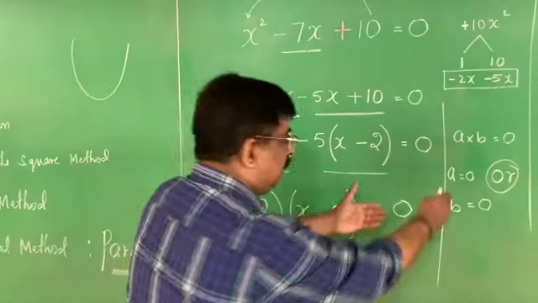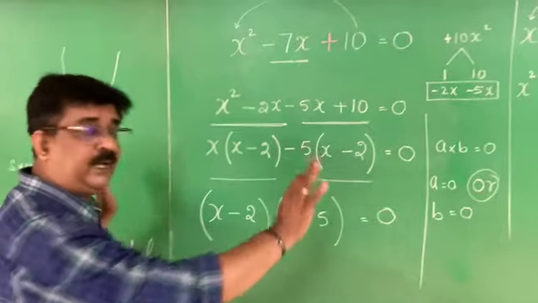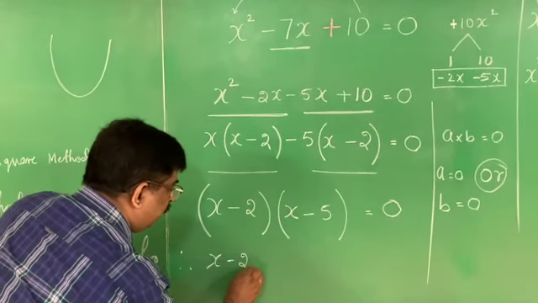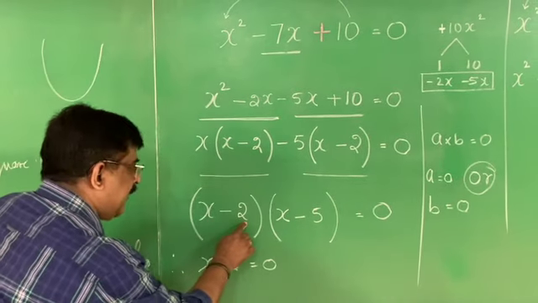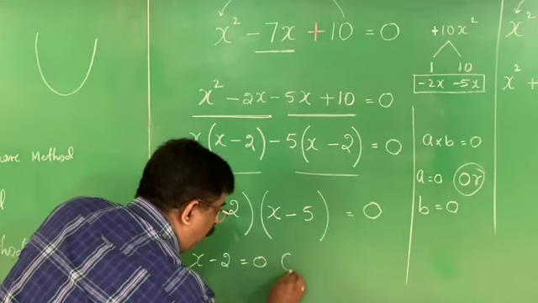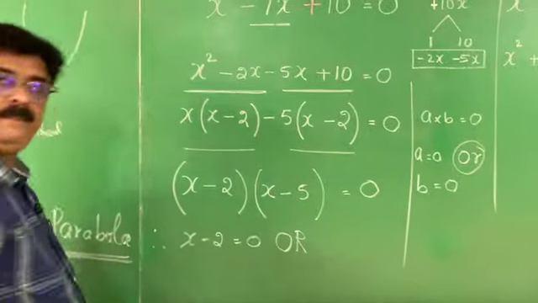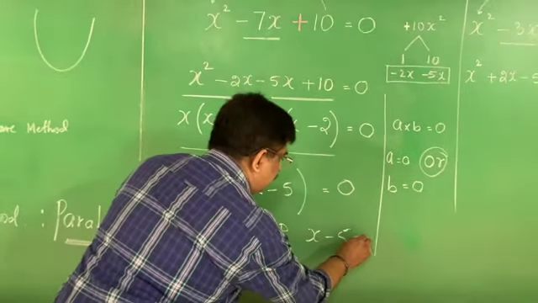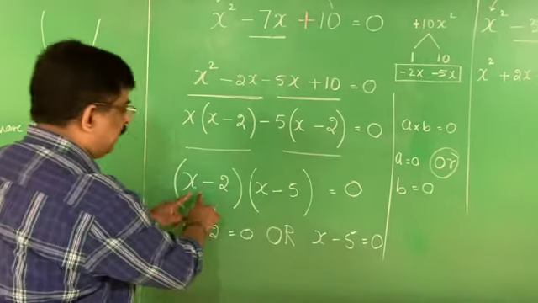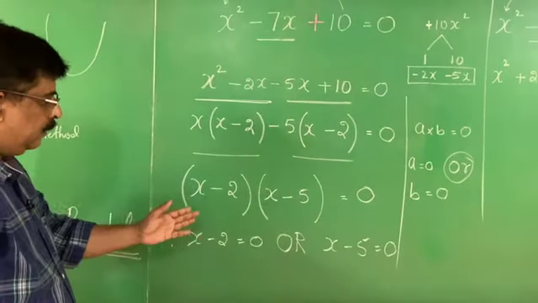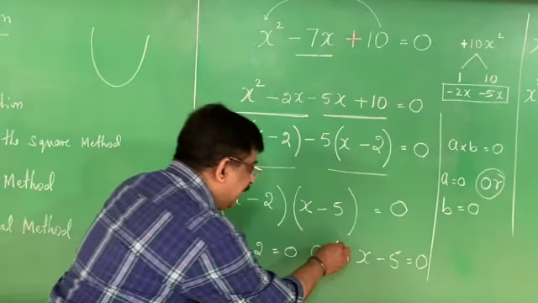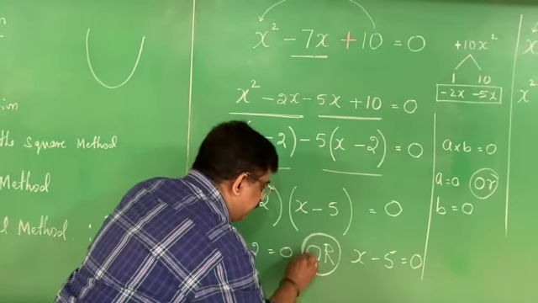Either of these two numbers is equal to 0, not both are equal to 0. Therefore, x minus 2 is equal to 0 or x minus 5 is equal to 0. When the product of two numbers is equal to 0, any one term is equal to 0. Therefore, I write or, not and. This is very important.